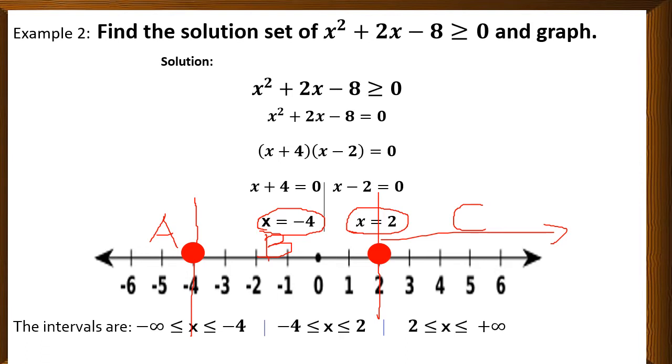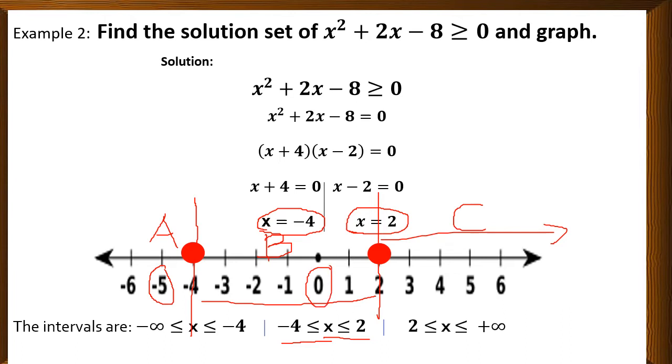So for this region where the interval is x is less than or equal to -4 but greater than or equal to negative infinity, we have to choose -5. And for this region here where x is less than or equal to 2 but greater than or equal to -4, we will choose 0.